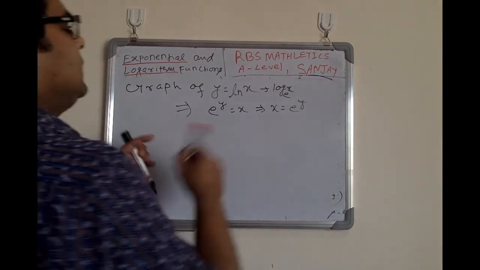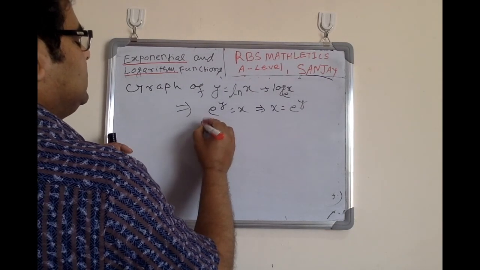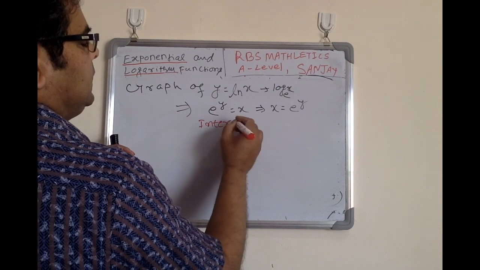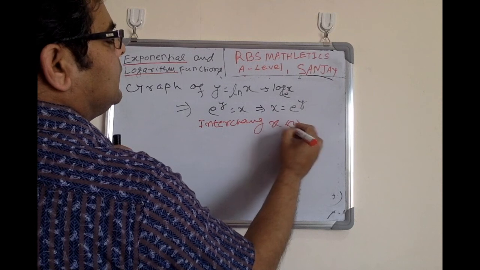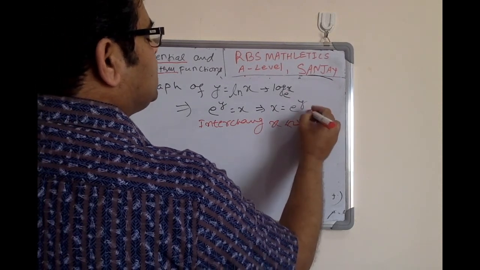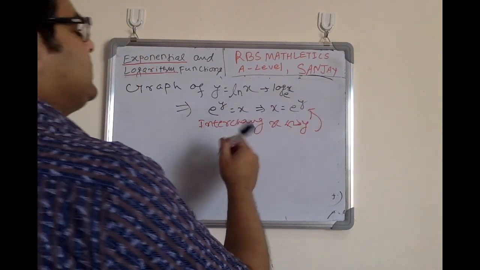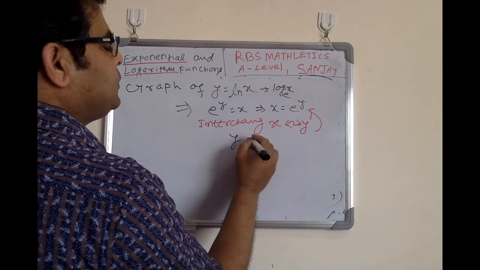Now in this case, let's interchange x and y only for this here. So if you interchange x and y, your function will be y equals e to the power x.